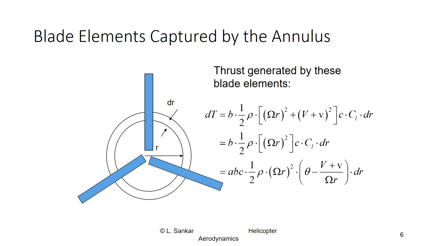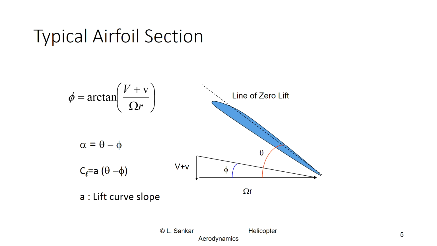Okay, all the airfoils, all the blades. Now CL we already had an expression for here, a times theta minus phi, where theta minus phi is theta minus (V plus v) over omega r, because phi is a small number in radians. The vertical component of velocity is in tens of feet per second. Capital V plus v is tens of feet per second. Omega r is hundreds of feet per second. Therefore, the ratio is a small number.